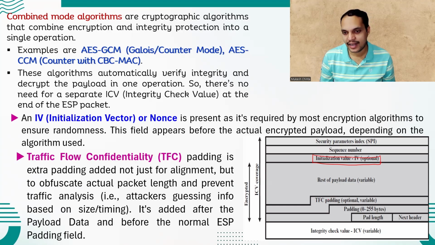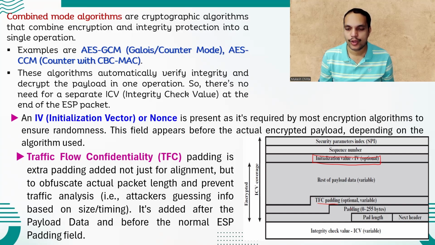Now, there is another thing here, something called TFC padding, optional, and it is variable in length. TFC actually stands for traffic flow confidentiality. This is nothing but extra padding, not just for alignment, but to obfuscate the actual packet length and prevent traffic analysis.